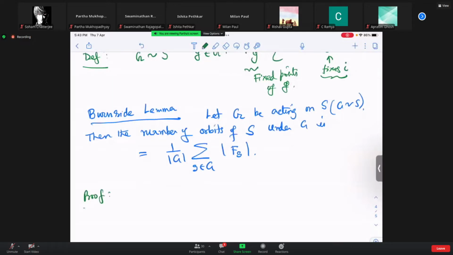Let's try to prove this lemma. So let m be the number of orbits.